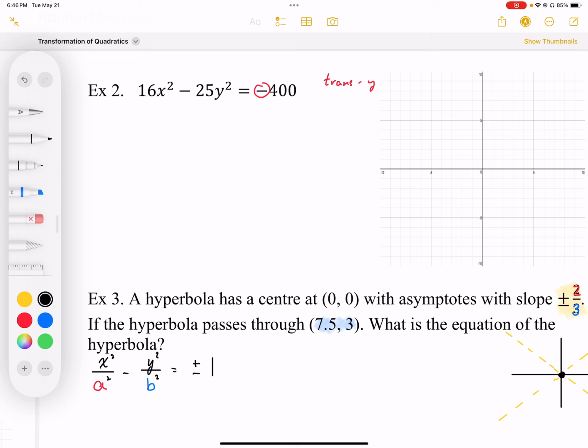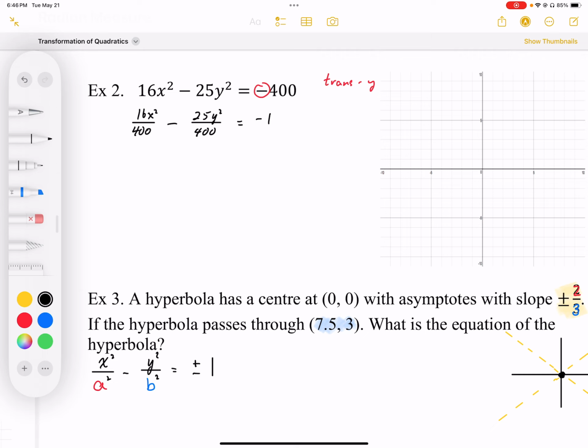We want to divide both sides by the 400. So we end up with 16x squared over 400, and we want to simplify that fraction, and 25y squared over 400, and that's going to be equal to negative 1.